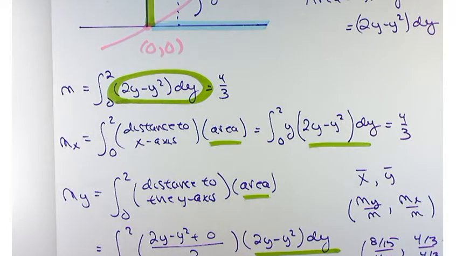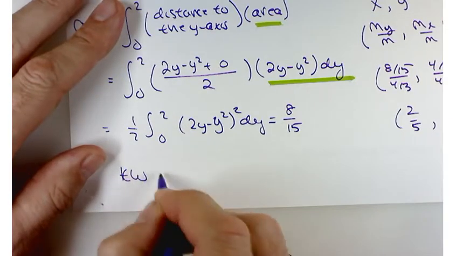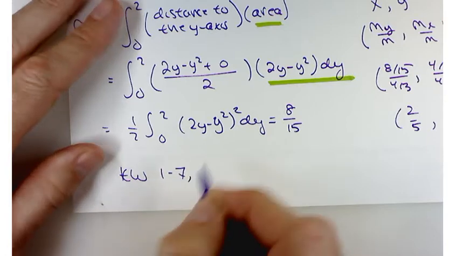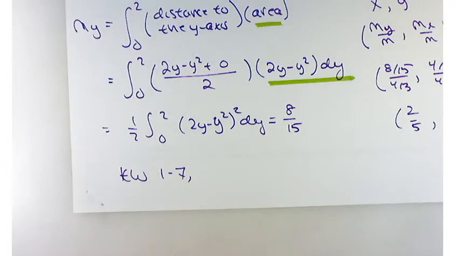For homework, just double check a couple of these. You know what? We're going to skip the 1 through 7 part.